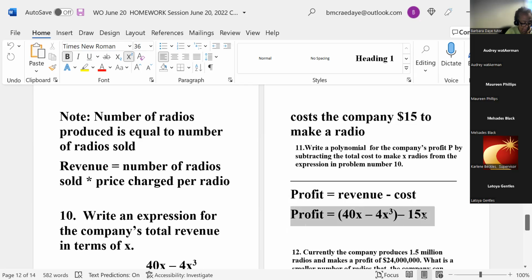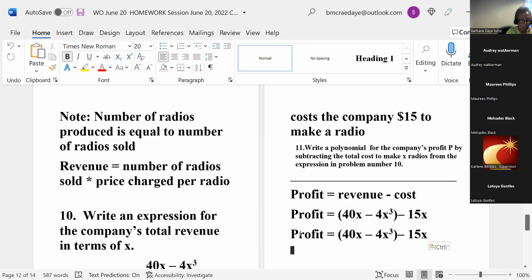What would you do, Mercedes? There are some things you can combine there. What can you combine? 40x and 15x. That's right, that was Audrey. You can combine the 40x and the minus 15x.